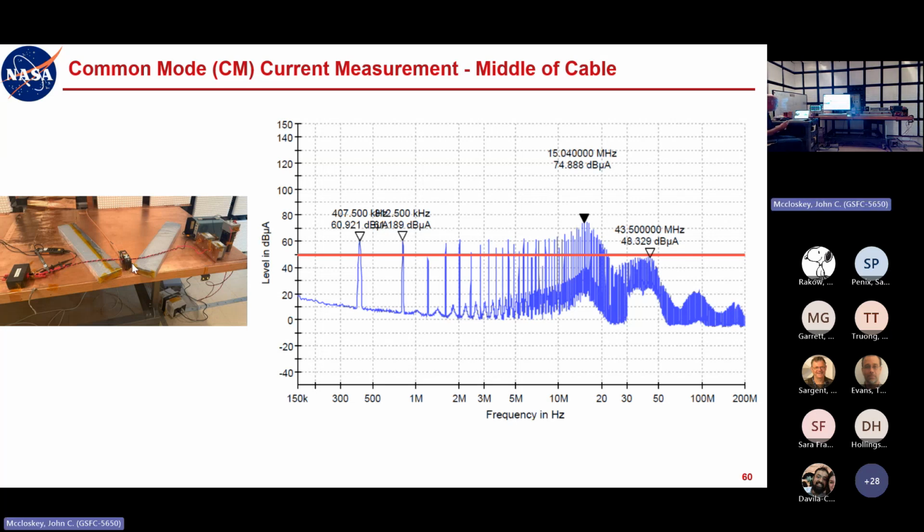Remember when we talked last week that you're dealing with a mismatched transmission line here. The cable you can treat as a single wire from a common mode standpoint. You're basically modeling it as a composite conductor above a ground plane, so it's a wire above ground transmission line. It will have a characteristic impedance, 5 centimeters above the ground plane, on the order of 300 ohms, give or take.